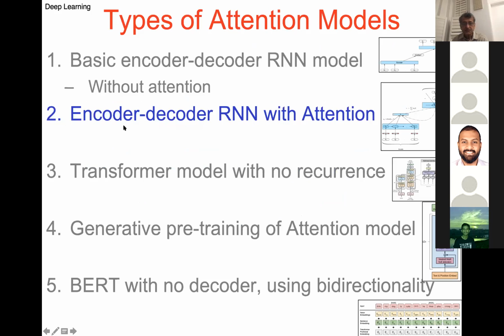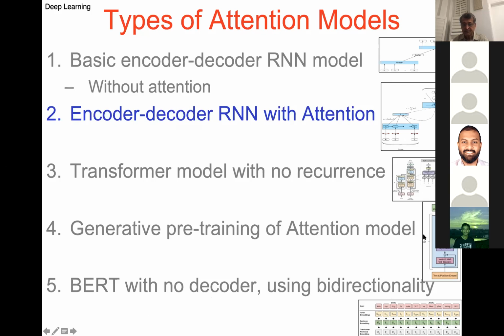So this leads us to the encoder-decoder RNN with attention. This first diagram we already saw is the basic encoder-decoder without attention. Now we look at encoder-decoder with attention. After that, we look at the transformer model with no recurrence, generative pre-training of attention models, and then BERT with no decoder, using bidirectionality.